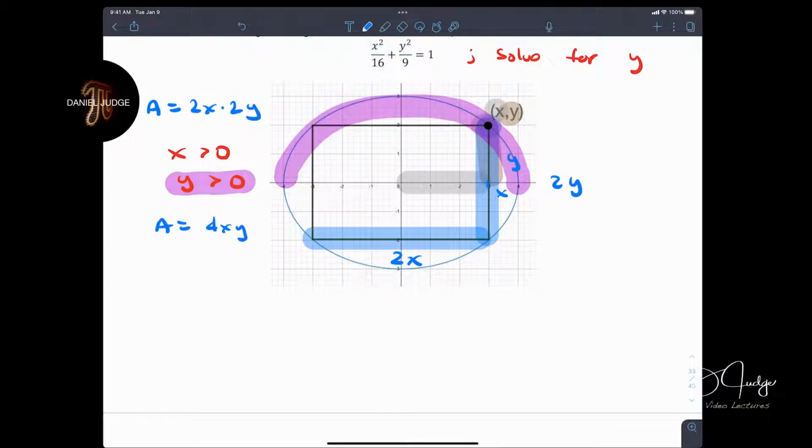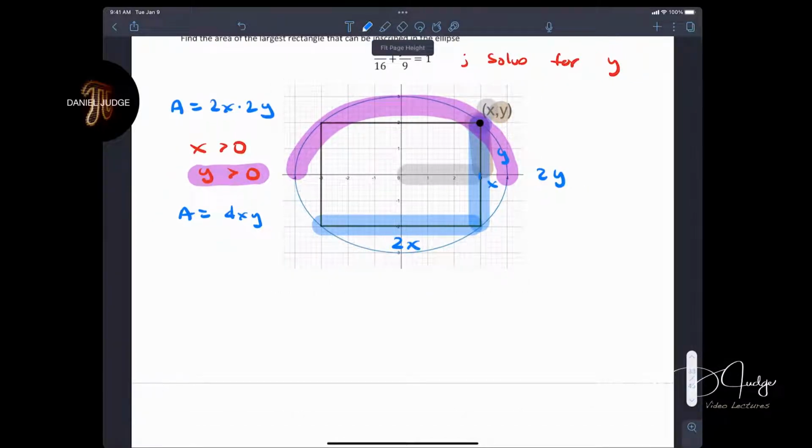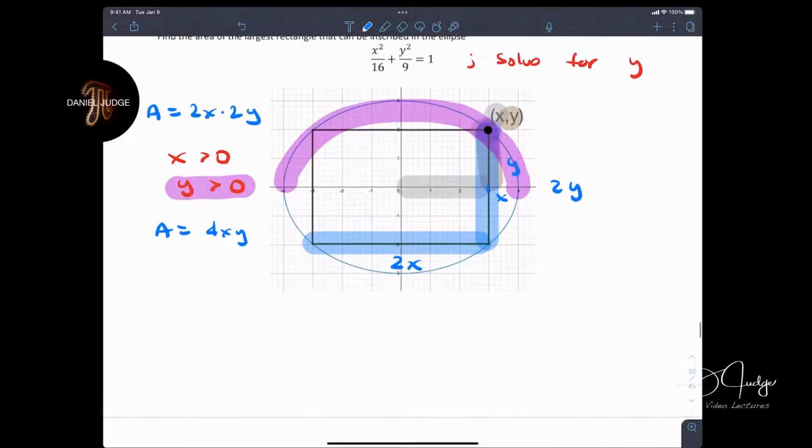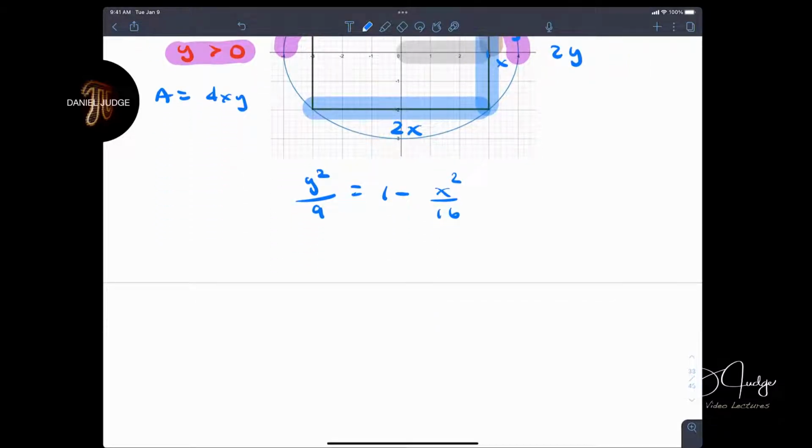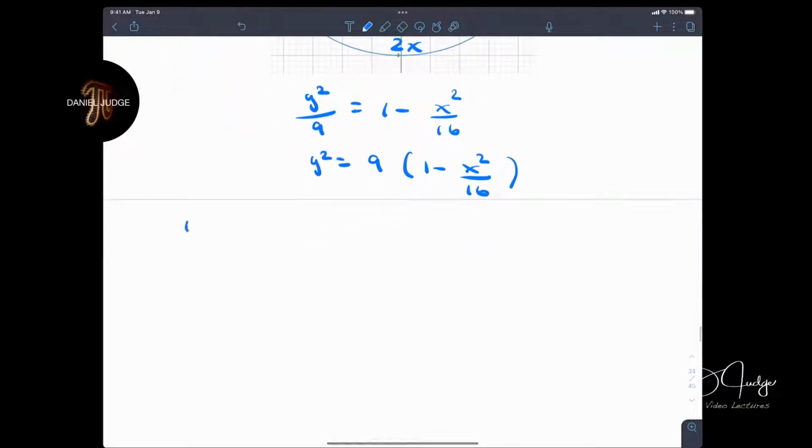If we subtract the x squared over 16, we have y squared over 9 becomes 1 minus x squared over 16. That gives you y squared equals 9 times 1 minus x squared over 16. So y will be plus or minus the square root of 9 times 1 minus x squared over 16.